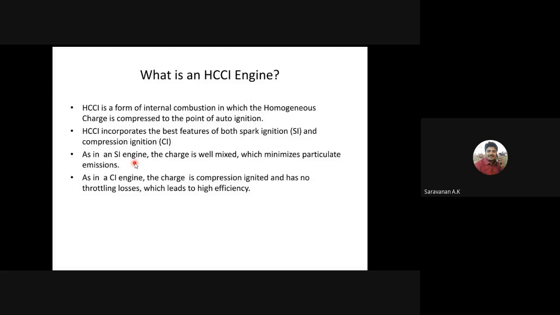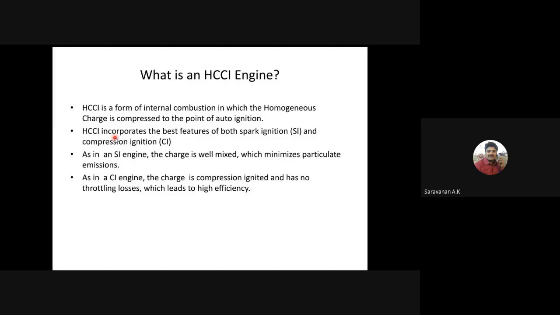The HCCI represents a major step beyond the high efficiency CI engines and the high efficiency SI engines. In some regards, the HCCI engine incorporates the best features of both SI engines and CI engines.